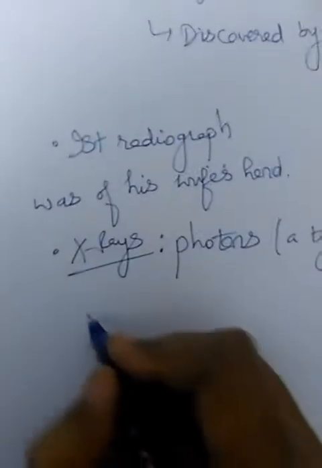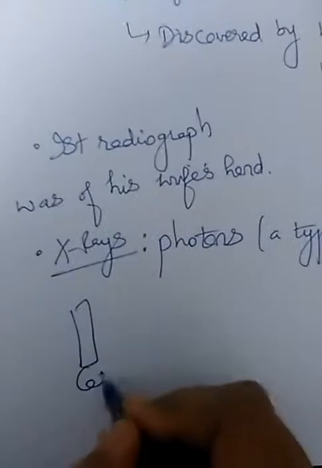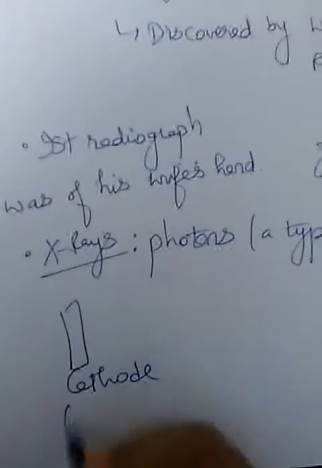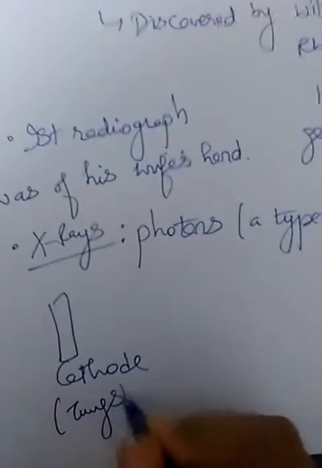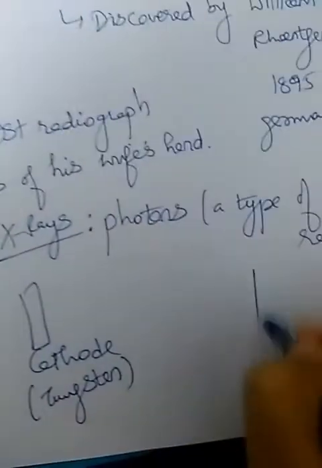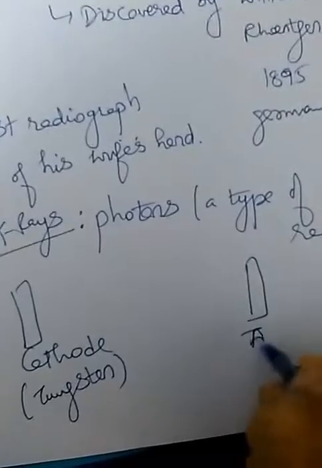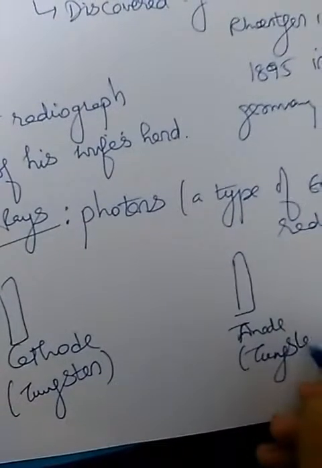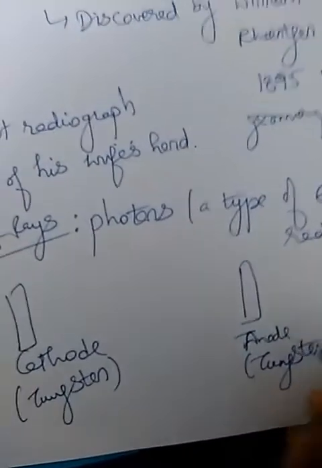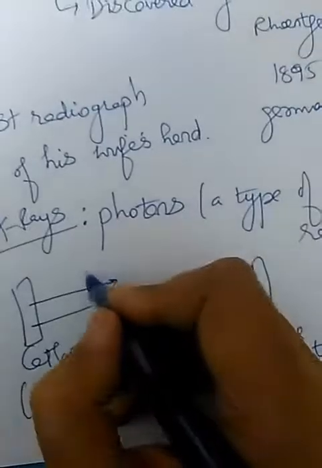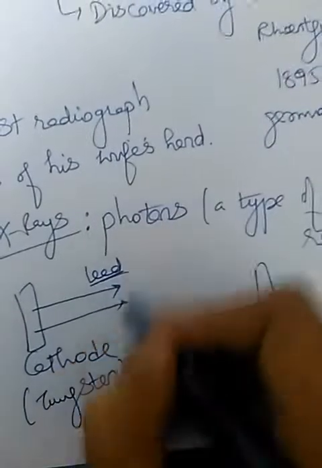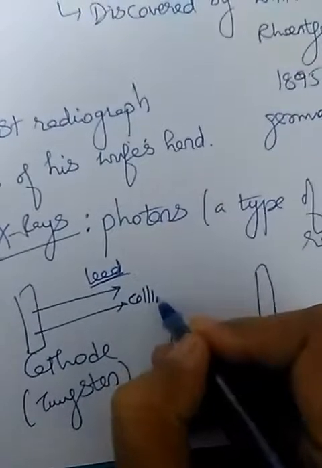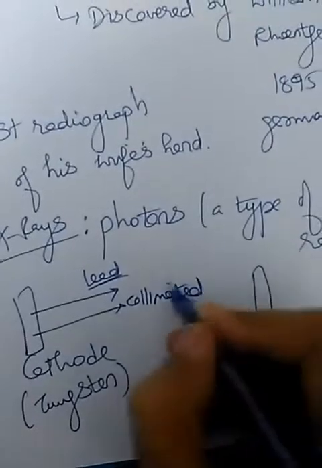Okay, they are produced from, this is the cathode, made up of tungsten filament. Both cathode and anode are made up of tungsten. This is the anode, again made up of tungsten. From the cathode, the waves are collimated by using lead. What is the meaning of collimated?